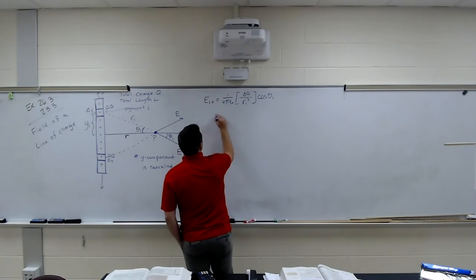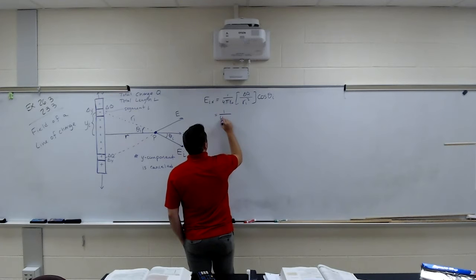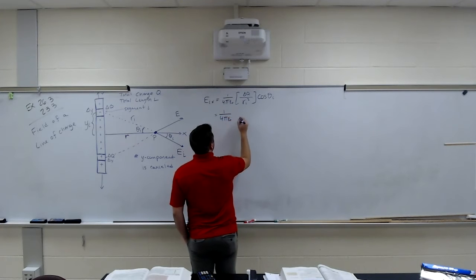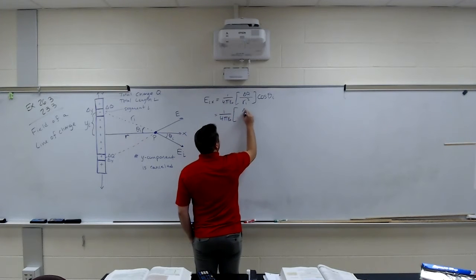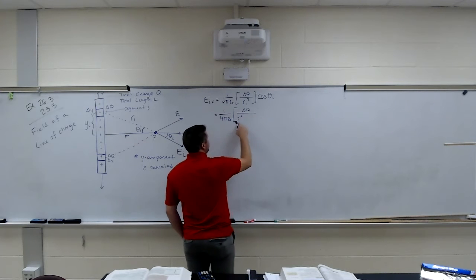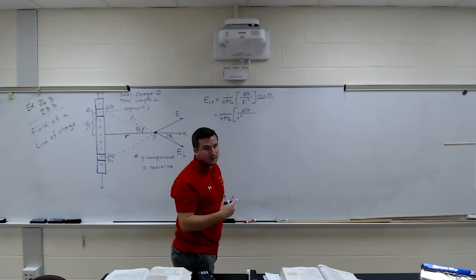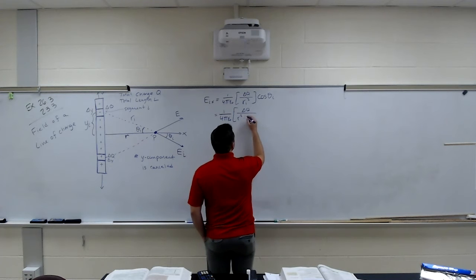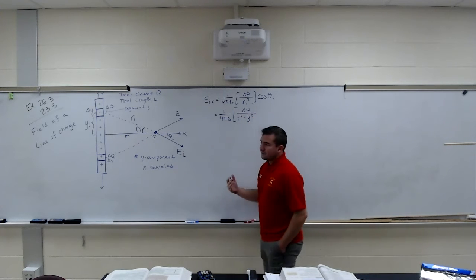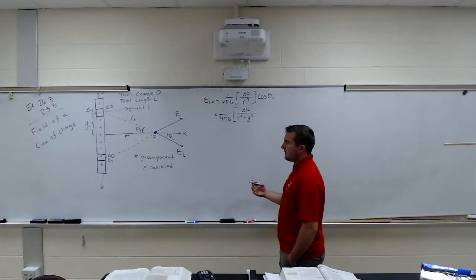So we'll rewrite this as 1 over 4 pi epsilon, delta Q over r squared, which is on the x-axis, which is good, right? That's something I can work with, plus yi squared, which is also good. That's on the y-axis. If it comes to integrating, I can do that.